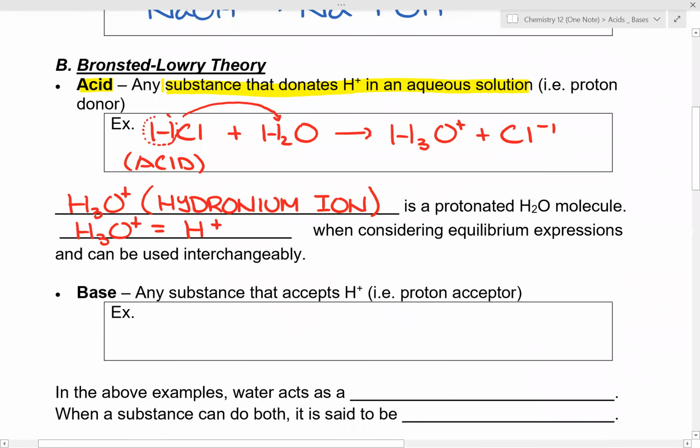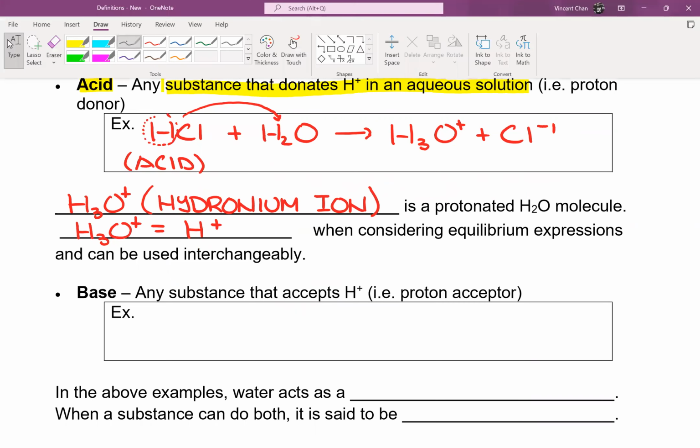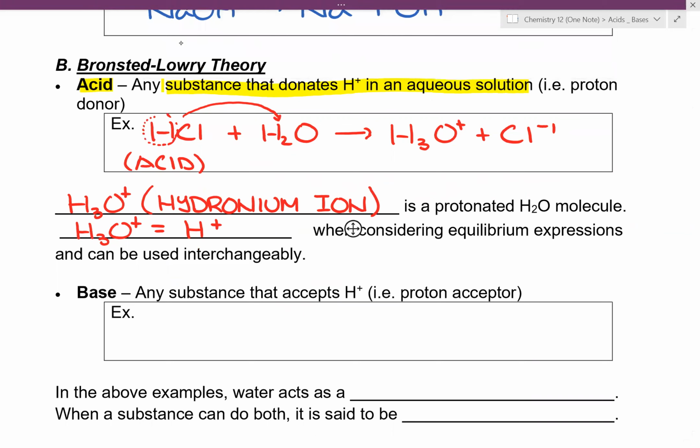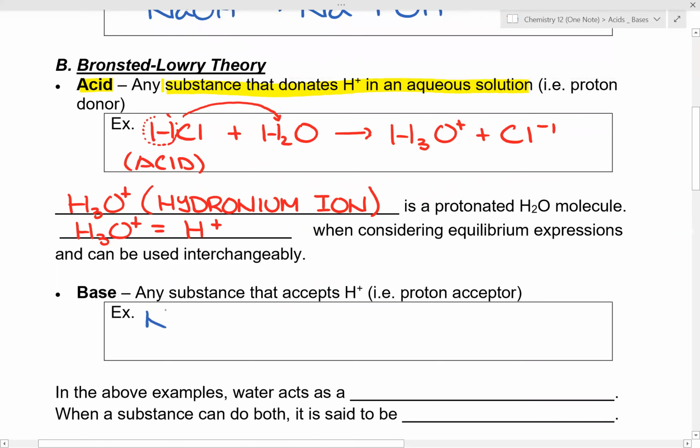Now, a base is any substance that accepts H plus, a proton acceptor. For NH3, when it reacts with water, it can accept a proton from water.